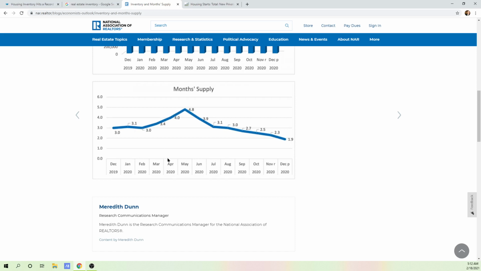Typically, you build inventory up in the winter months, and then it works itself off in the springtime and summertime. So we're coming back down, but this time we don't have a build of inventory. In fact, we hardly have any inventory. We only have 1.9 months worth of inventory in December. That right there is nothing in relationship to history. It's an all-time low.